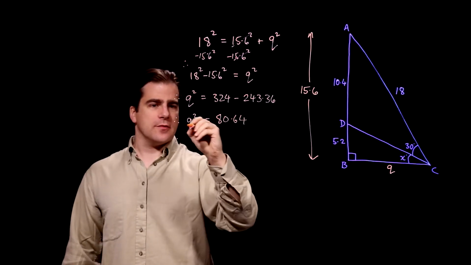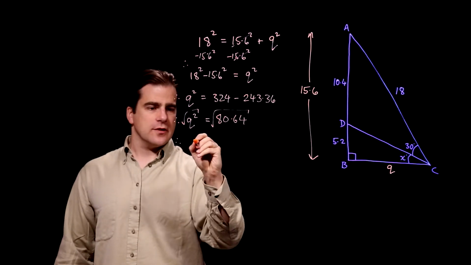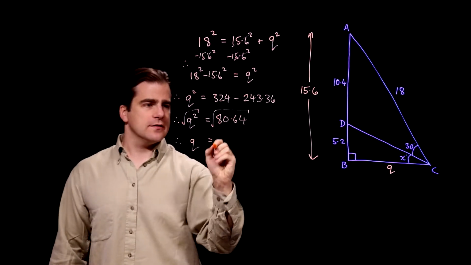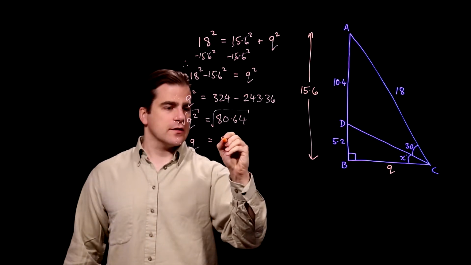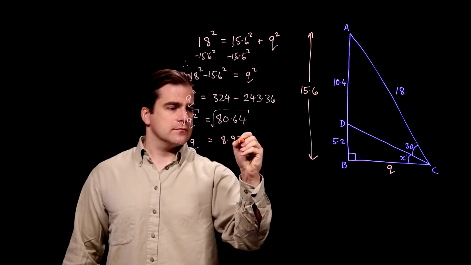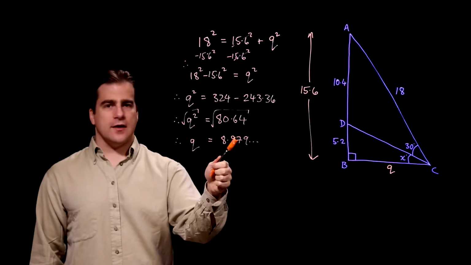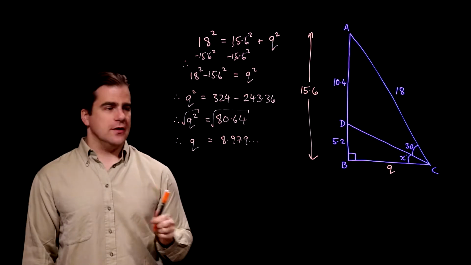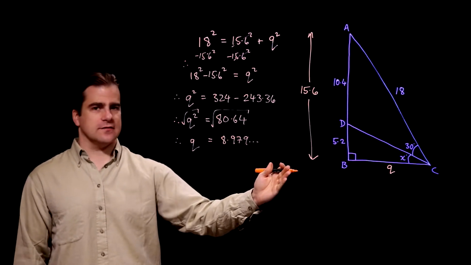Therefore, take the square root of both sides. The square root of q squared is q, and the square root of 80.64 is 8.979 something. Okay, put that number in your calculator's memory. You have to use the whole number for subsequent calculations.